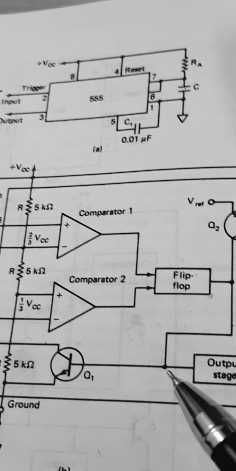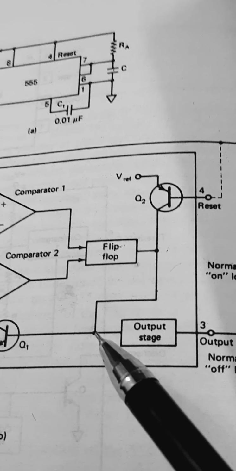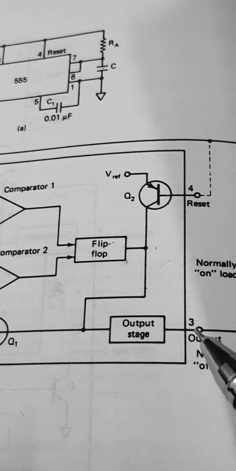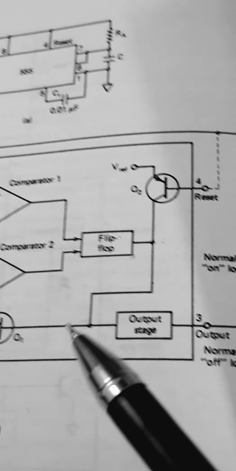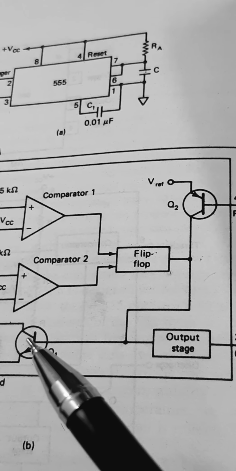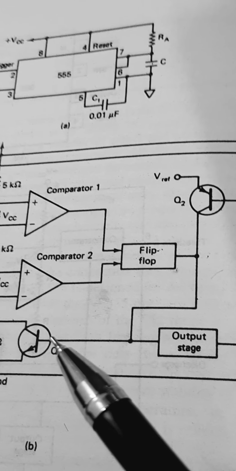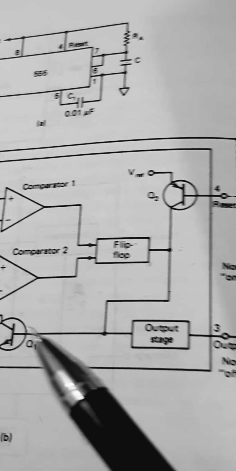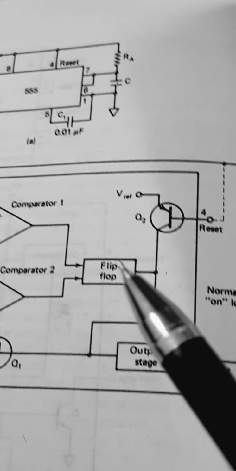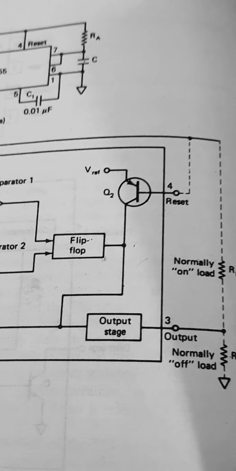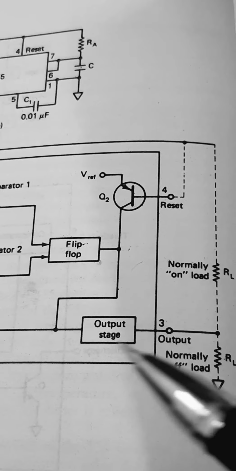When the reference voltage comes here, the output voltage becomes low. Here high means here low. At the same time, this PNP transistor can be made on. So whenever you want to reset, you can make the output low.